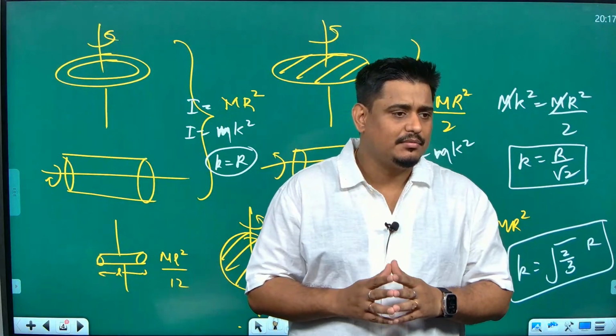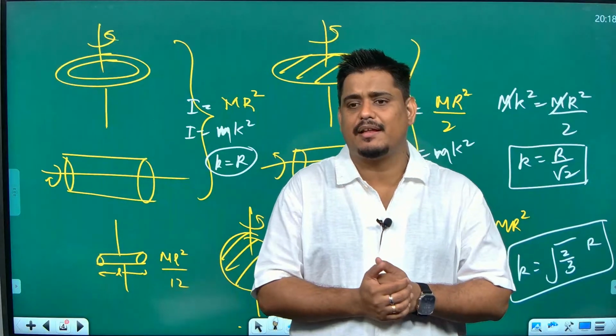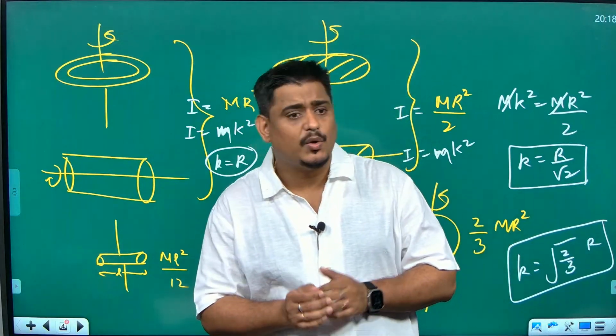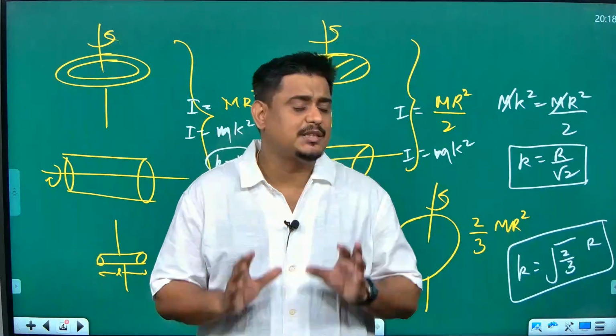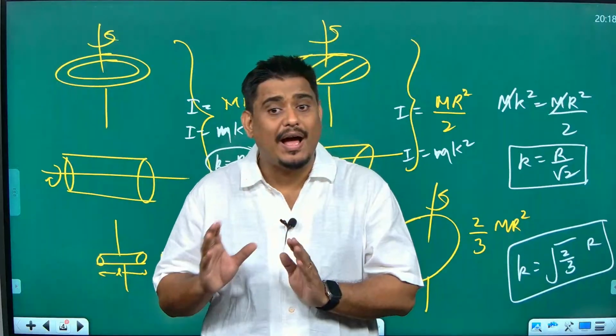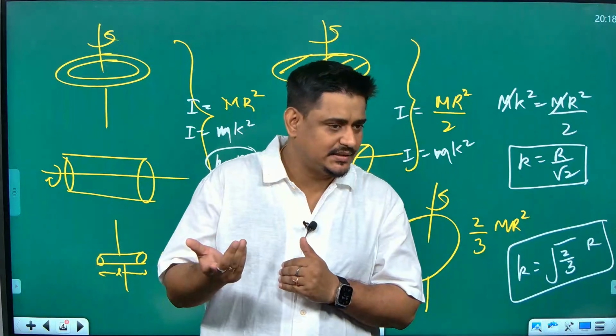Today, after solving some questions based upon the analogy of translatory motion and rotational motion, we learned the meaning of moment of inertia. Moment of inertia is the product of mass and square of the distance from the rotational axis, or radius square.